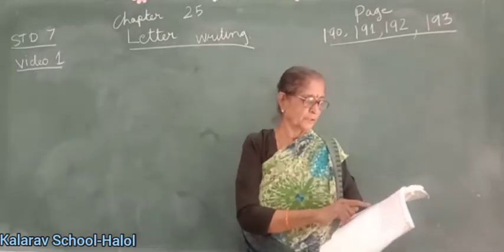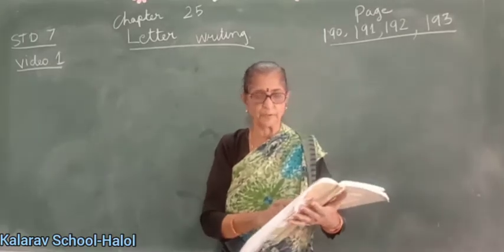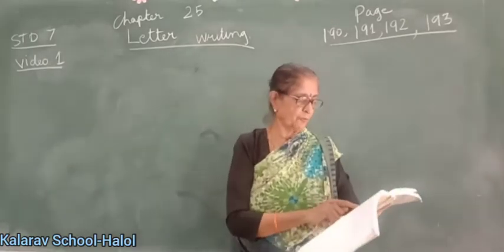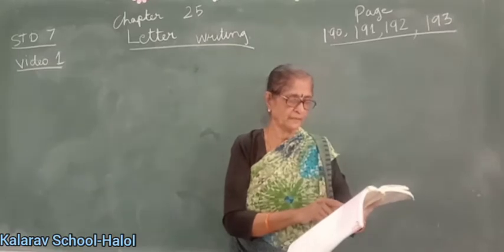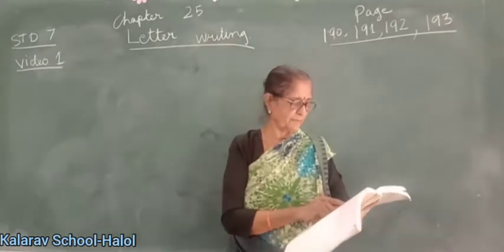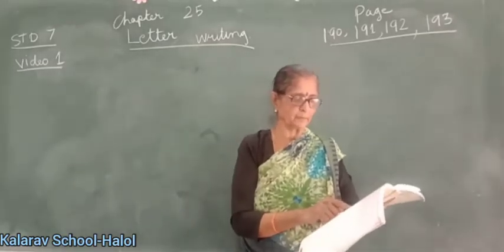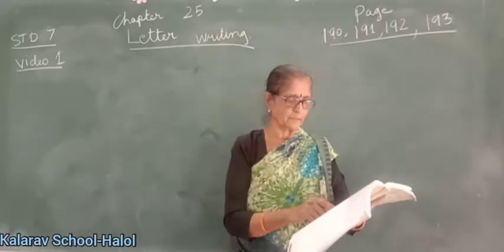Salutation, or the manner in which the recipient is addressed, depends upon the type of letter. For informal letters it is usually dear, dearest, followed by the name of the friend or the name by which we call our relations. For formal letters, dear madam, dear sir or sir, madam is written.